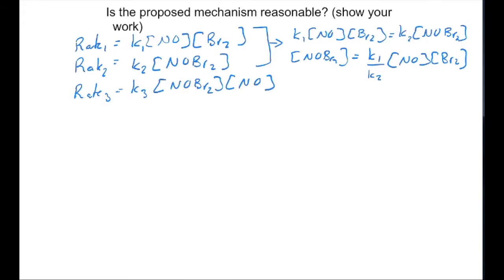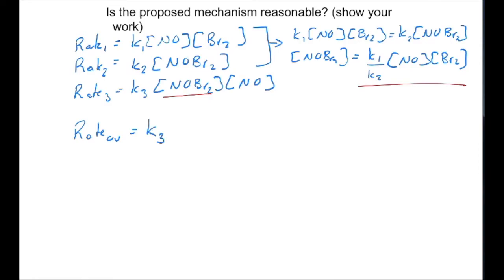Okay, so now we're trying to figure out what the overall rate is. We're going to replace that NOBr2 with everything on the right-hand side of the equation that we just derived. So we're going to have our overall rate equals K3 actually. I probably should have done this in the last slide.